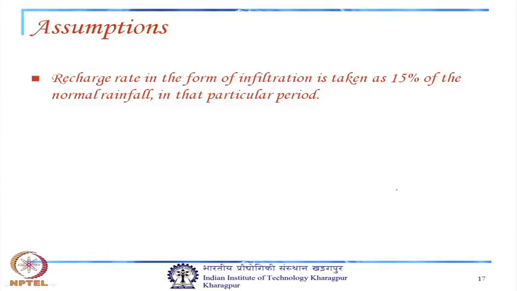So, these are assumptions that were made because of non availability of some of the data sets. Recharge rate in the form of infiltration is taken as 15% of the normal rainfall in that particular period.